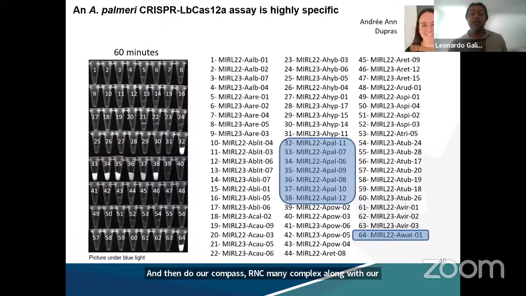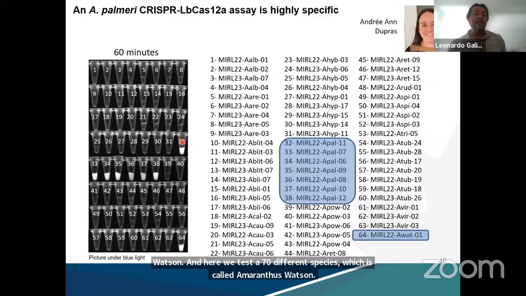And so we have done many experiments with this, but we basically created a guide RNA which is specific for Amaranthus palmeri and the sister species, which is called Amaranthus watsoni. And here we tested 70 different species with different accessions, and you only see the acronyms of the species here, but just to say that from 32 to 38 here, these are all Amaranthus palmeri, and 64 is the sister species, Amaranthus watsoni.